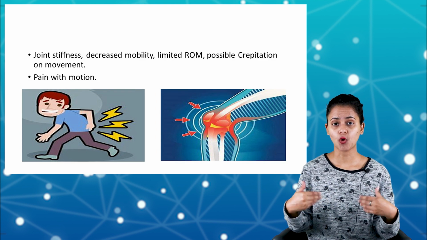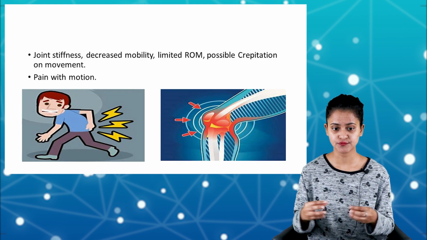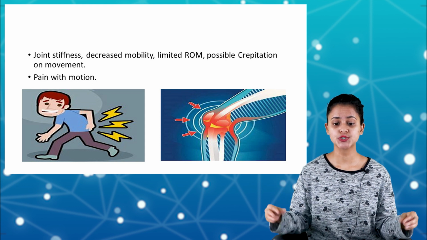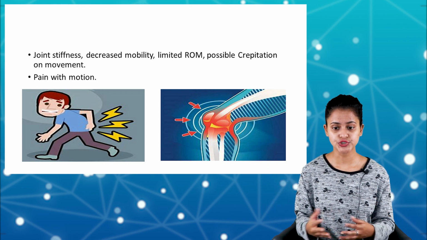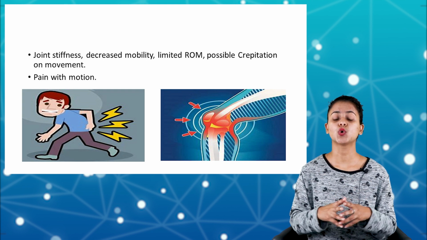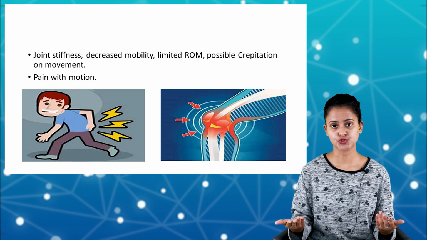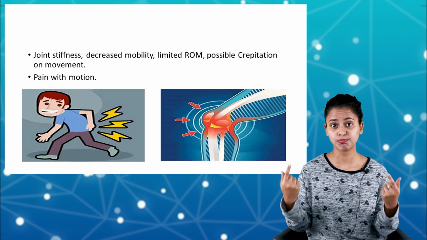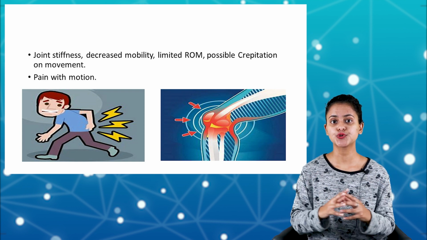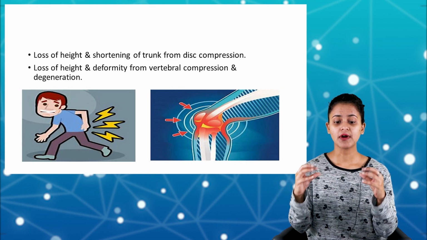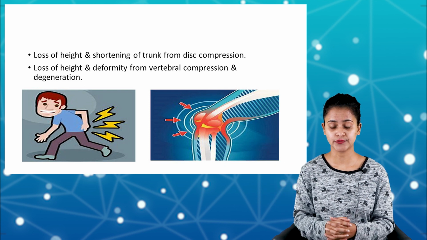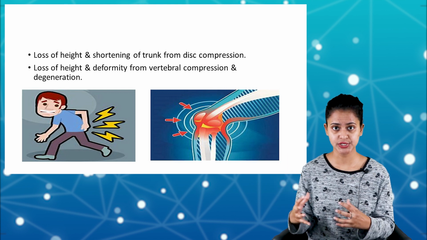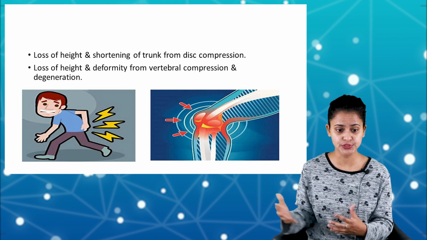Joint stiffness is often complained about by clients with old age. There will be decreased mobility, limited range of motion, and the client will almost always complain about pain with motion due to the joint stiffness. Loss of height and shortening of the trunk will occur from disc compression among older individuals.